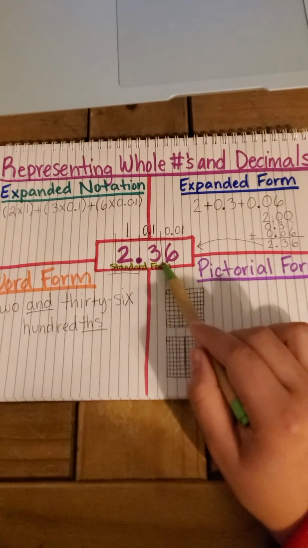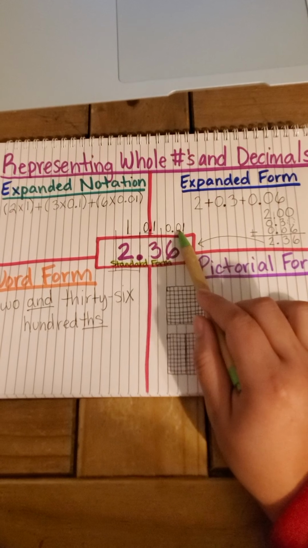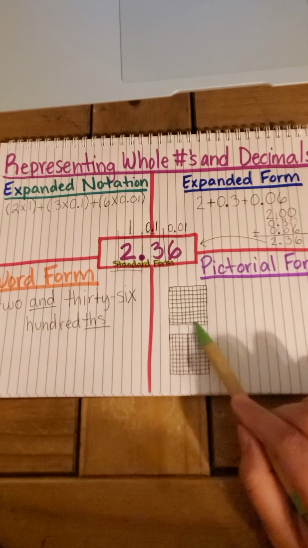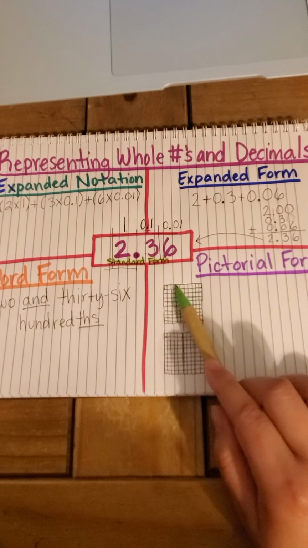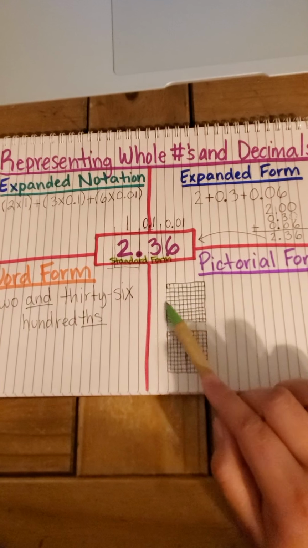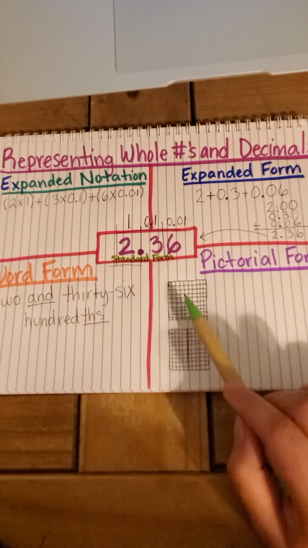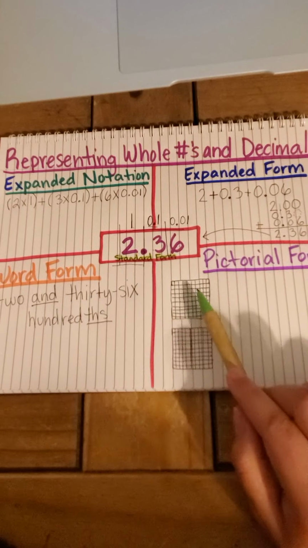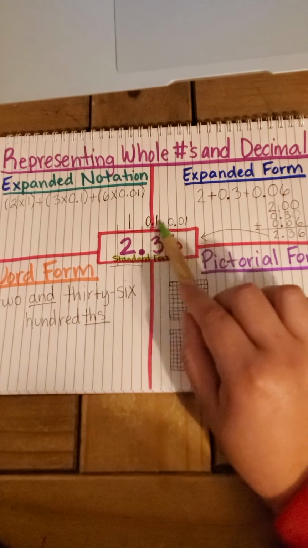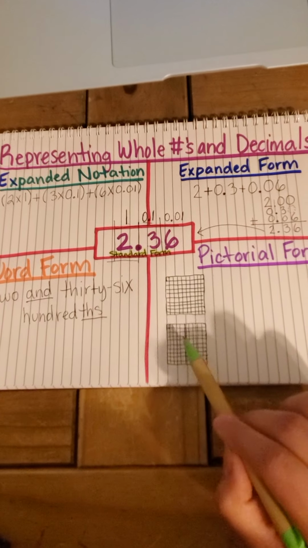And because this says 36 hundredths, this says I cut my whole into 100 parts. That's why I have 100 tiny little cubes. Because now the decimals is telling me I cut those wholes into 100 parts. So I have 2 wholes.